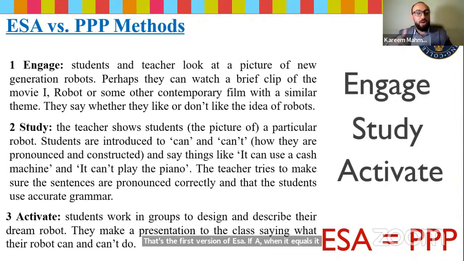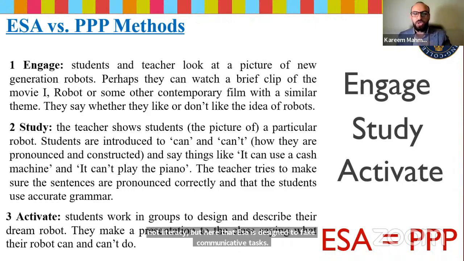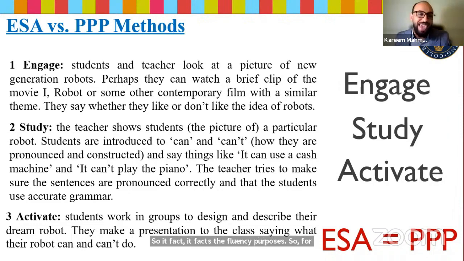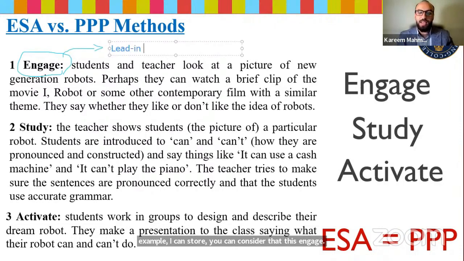If you remember, we said that the PPP mostly aims at accuracy, not fluency, but here the ESA is designed to fit communicative tasks. So it fits fluency purposes. For example, you can consider this engage stage to be the lead-in and the context.